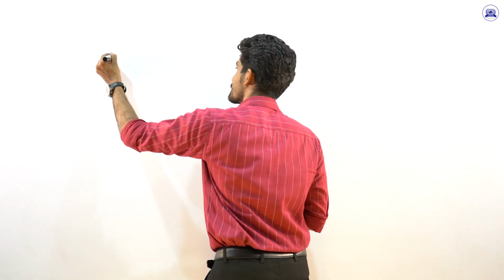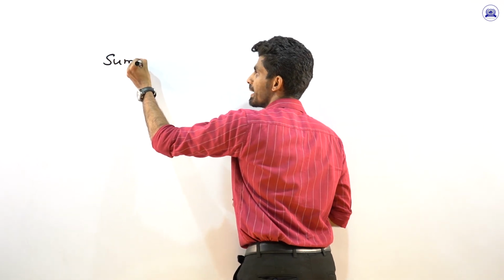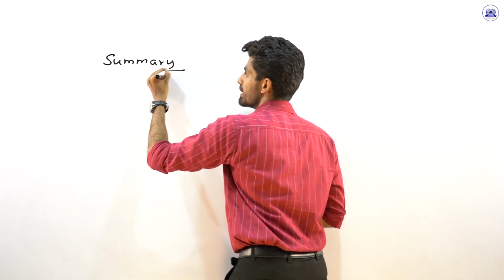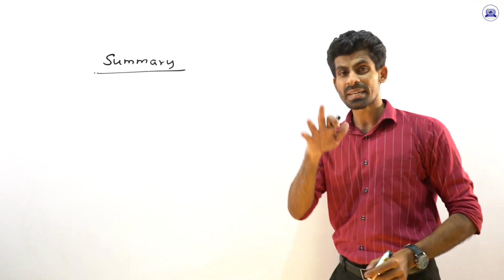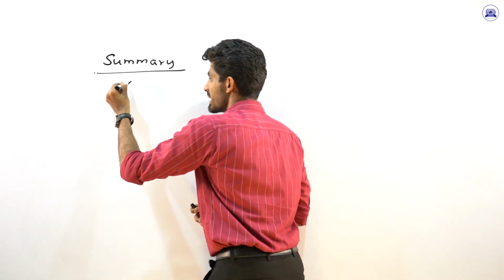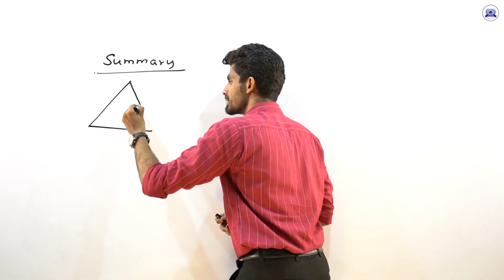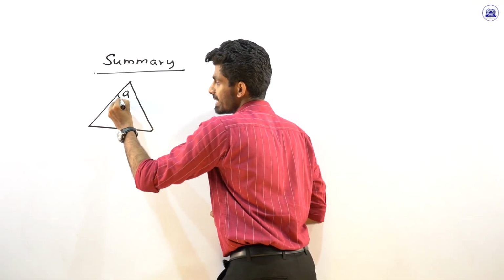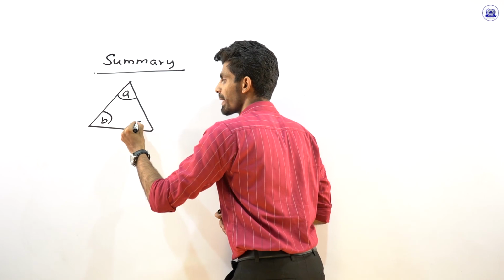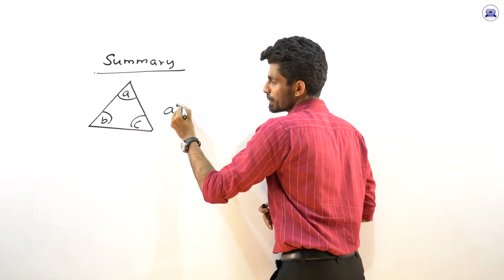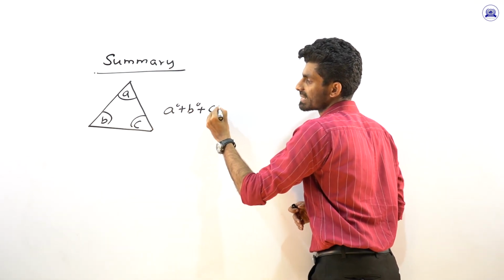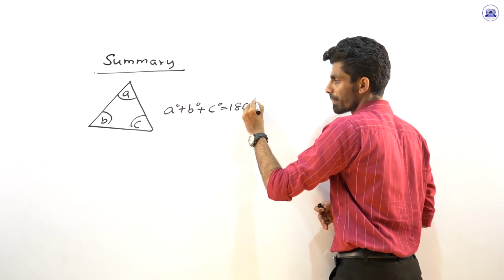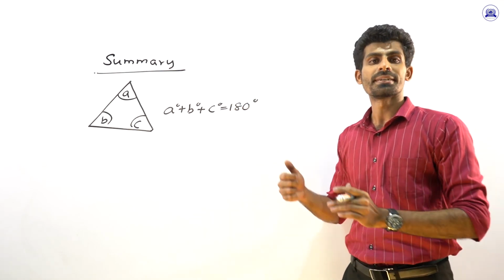Look at this one, my dear students. The summary. The sum of the interior angles of a triangle is A plus B plus C equals 180. That is the first theorem we have done.